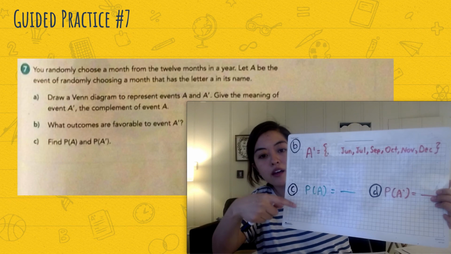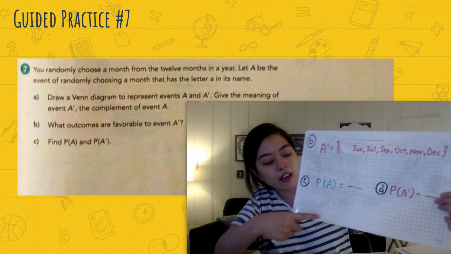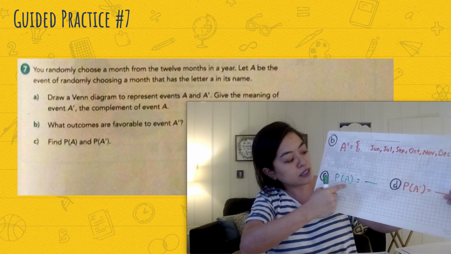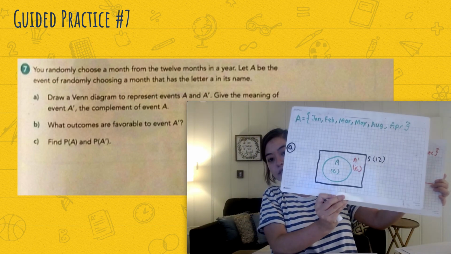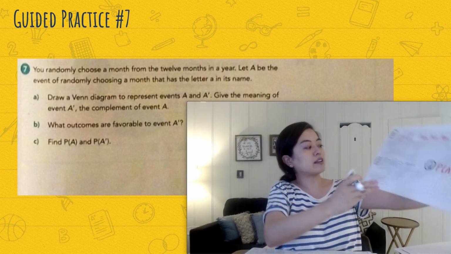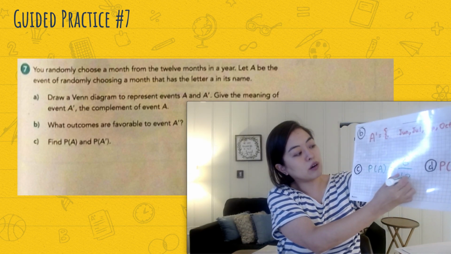And then part C says to find the probability of event A and the probability of the complement of A. So for the probability of event A, from our Venn diagram, there's 6 months that have the letter A. So we're going to write that in the numerator, and the total number of months is 12.